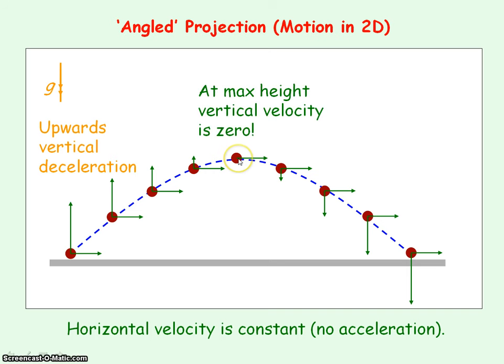At maximum height, the vertical velocity is 0. However, it still has a horizontal velocity. And then the vertical velocity will increase because the ball is accelerating downwards due to gravity.